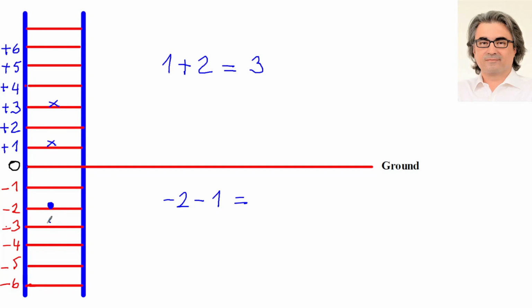I'll reach here. Now, minus 1 is the last number here, so the result is minus 3, as you see. Minus 3 is my final place or final result.